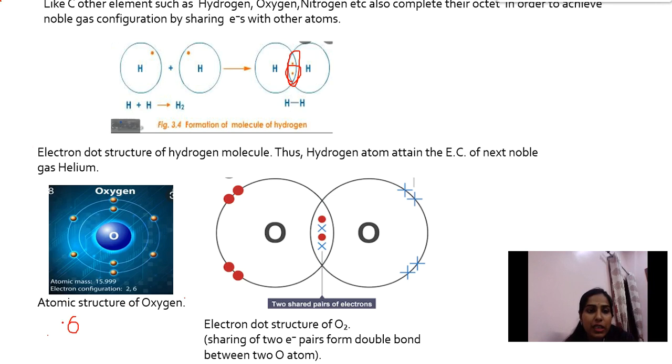So these 6 electrons are participating in the covalent bond formation.